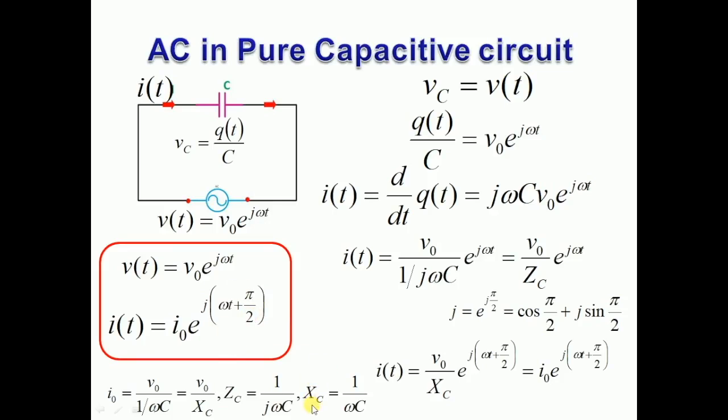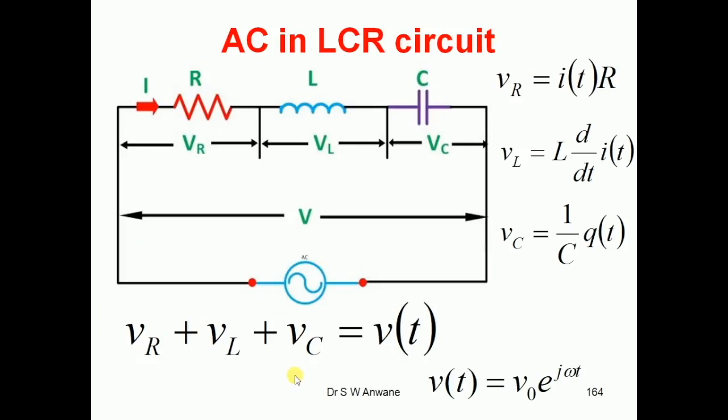The capacitive reactance is 1 by omega C, and the complex quantity, that is the complex impedance offered by a pure capacitor, is 1 upon j omega C. A few authors may write this as minus j in the numerator divided by omega C, it is one and the same thing. Now we can quickly go through the AC circuit using the j operator.